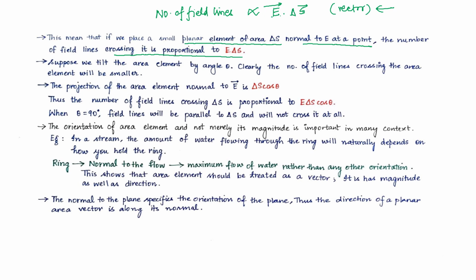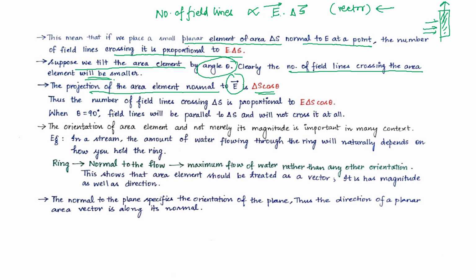Now suppose we tilt the area element by an angle of theta degrees. Clearly the number of field lines crossing the area element will be smaller. Of course it will be smaller, as explained previously. The projection of the area element normal to E will give us del S cos theta. This is our surface through which these electric field lines are passing.